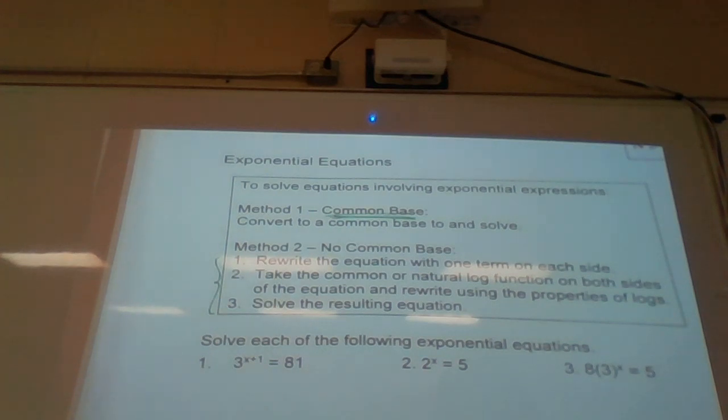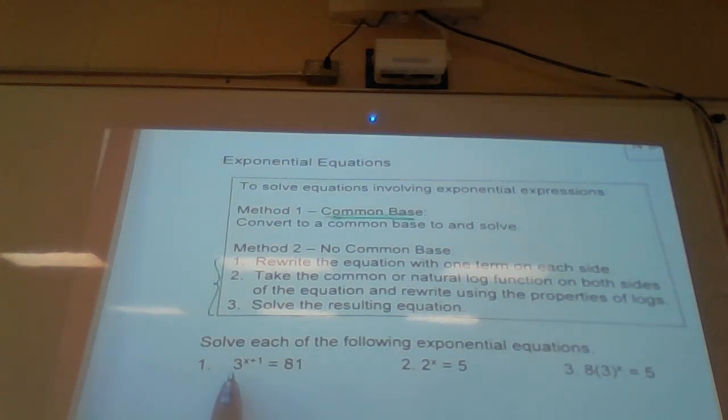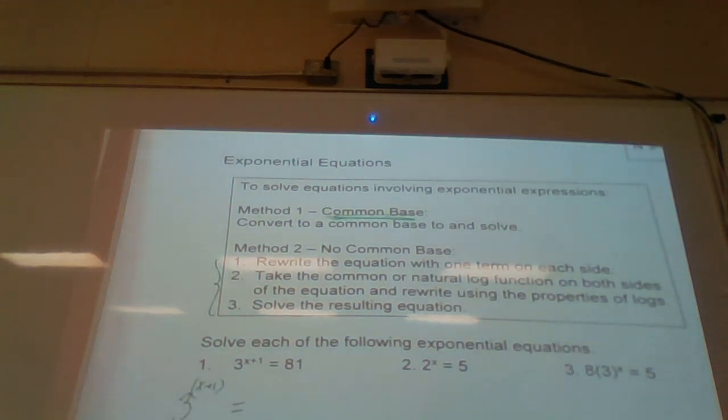So let's start with number one. It says solve each of the following exponential equations. I notice we have a base 3 equal 81. So the question is, can I change 81 and rewrite it with a base 3? Yes, 81 is 3 to the 4.